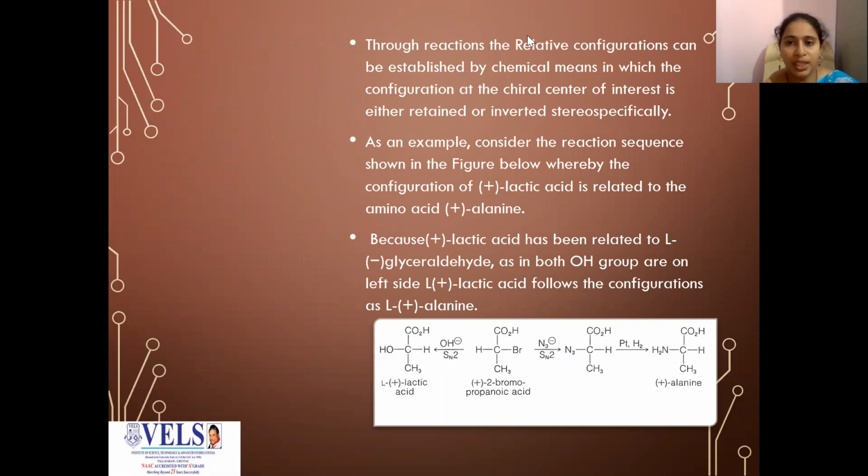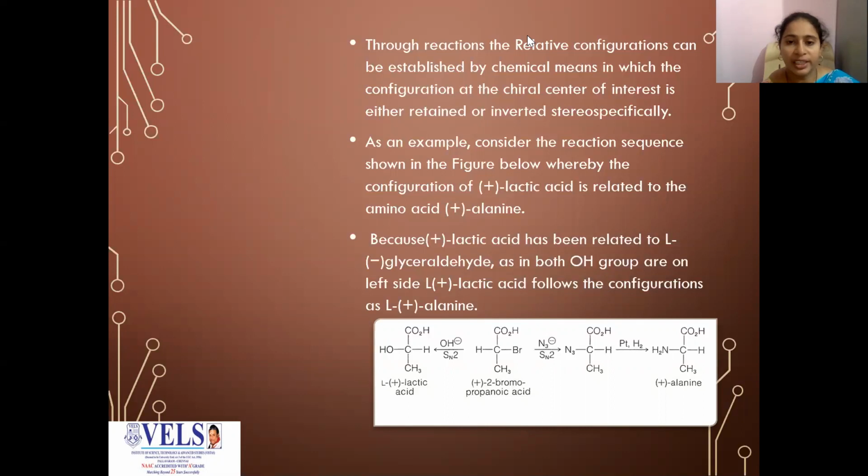As an example, consider the reaction sequence shown below, where the configuration of plus lactic acid is related to plus alanine, because the plus lactic acid has been related to L-glyceraldehyde, as the OH group is on the left hand side.